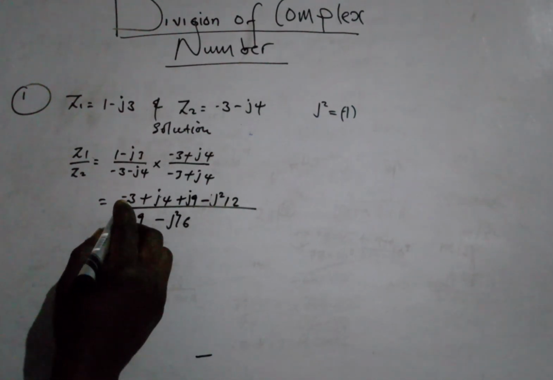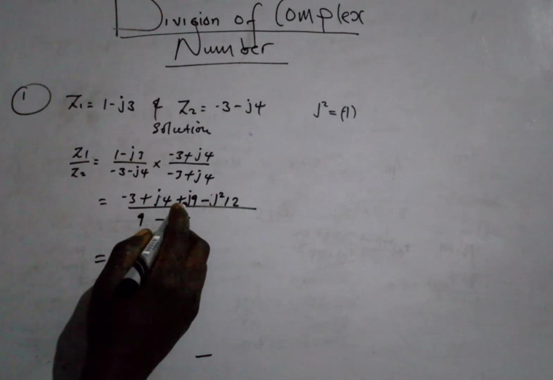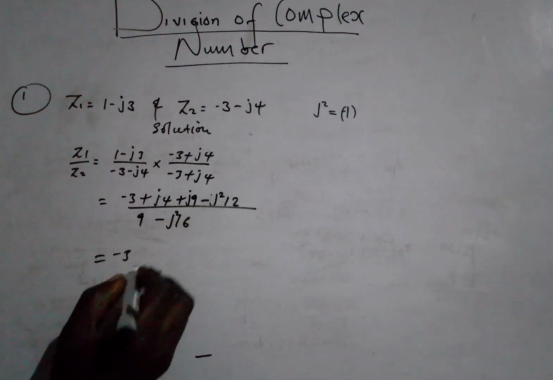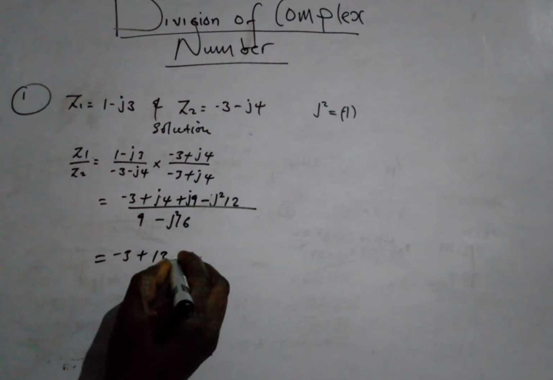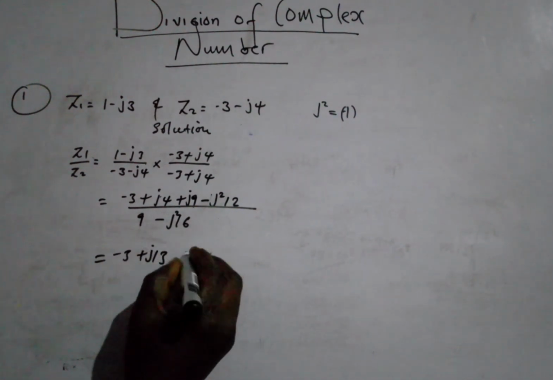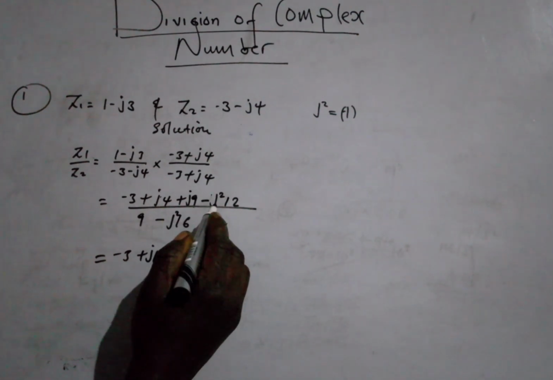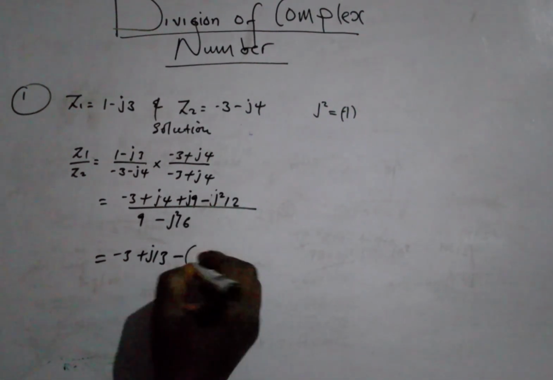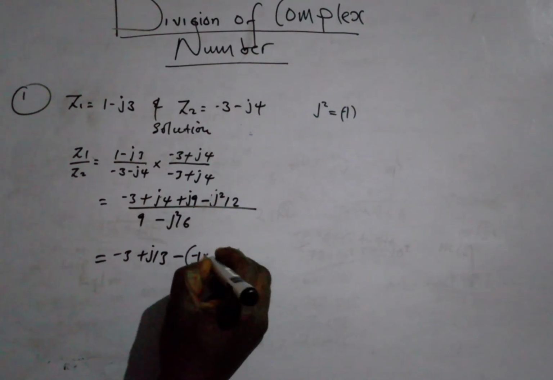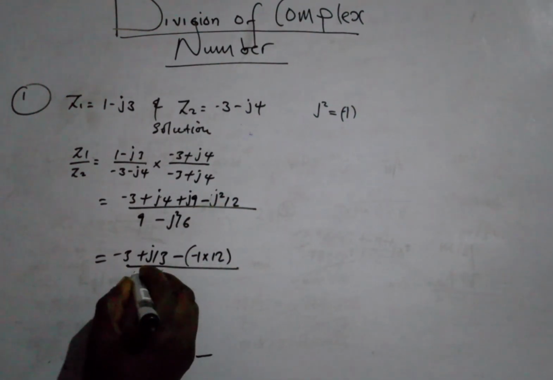Here we have negative i3 plus i9, you're going to have plus i13. Then remember that where there is i squared, you substitute it with negative 1, so it will be negative 1 times 12, over 9.